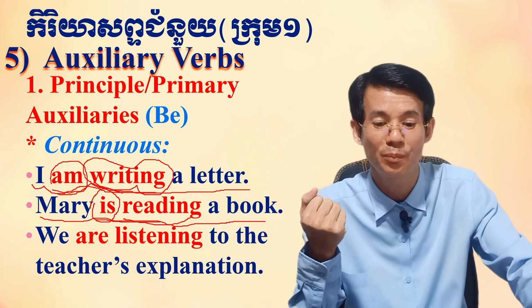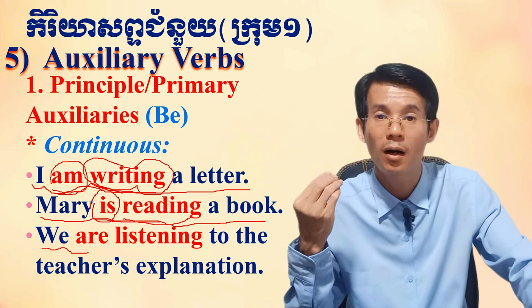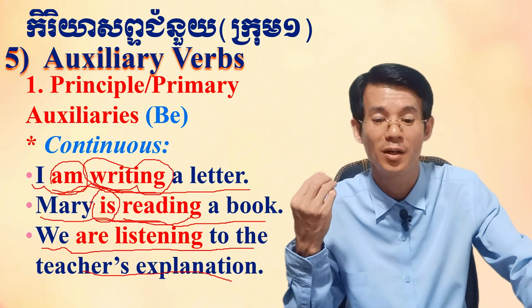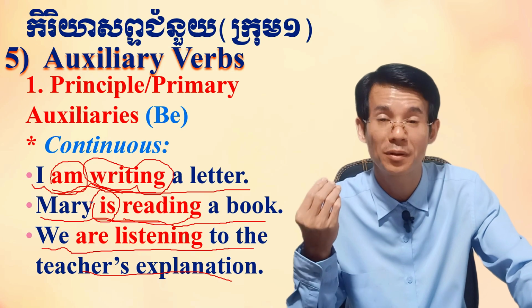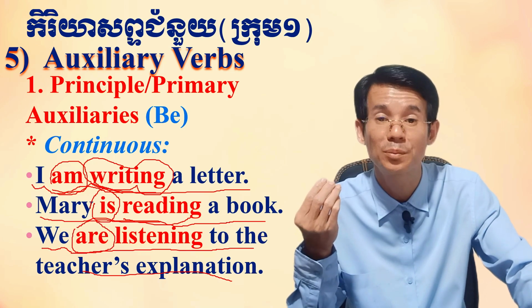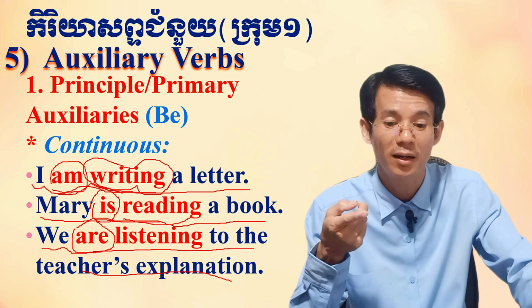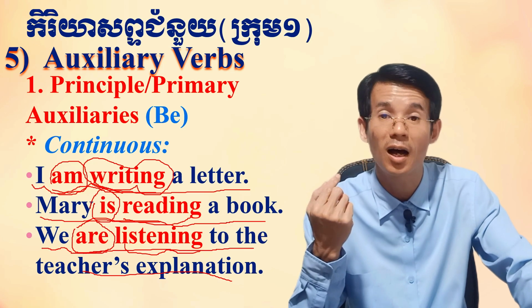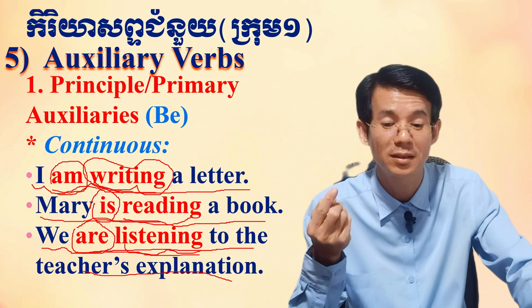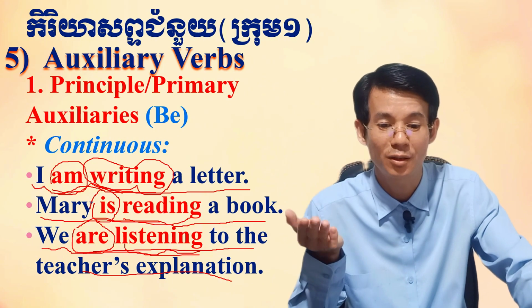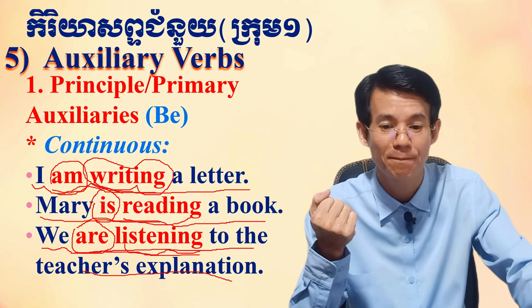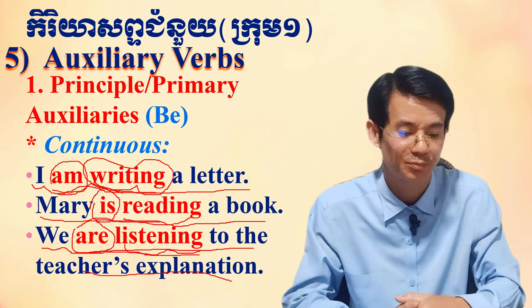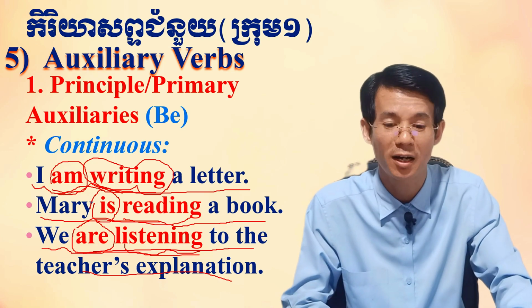We are listening to the teacher's explanation. Are is also the present form of verb be, and listen plus ing, are listening forms present continuous tense. So this is how verb to be helps form continuous tense. Let me show you the next part for more examples of how verb to be helps form passive voice.